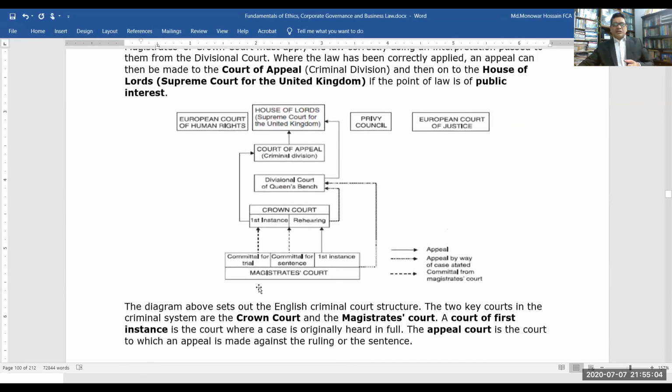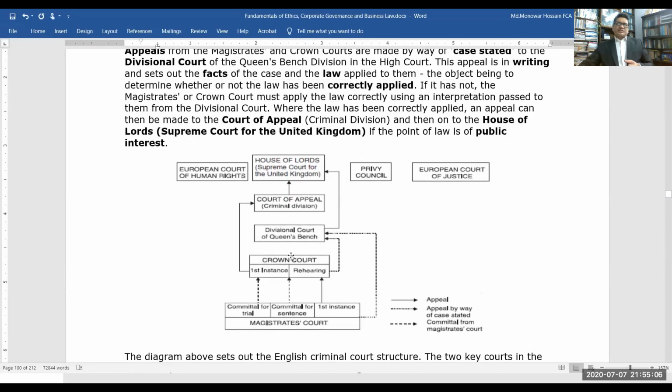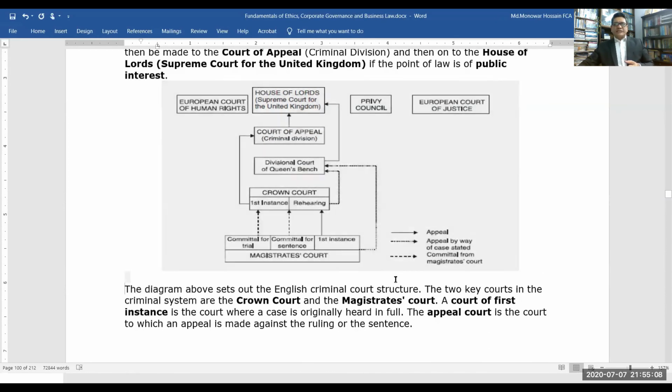The diagram shows the English criminal court structure here. First the Magistrates' Court, then the Crown Court, then the Divisional Court of Queen's Bench, then the Court of Appeal, Criminal Division, and the House of Lords, the Supreme Court of the United Kingdom.